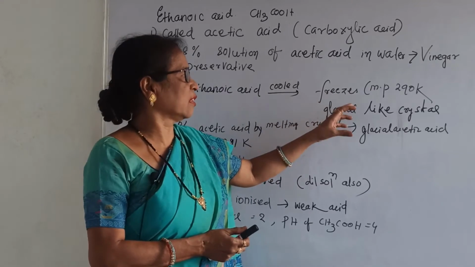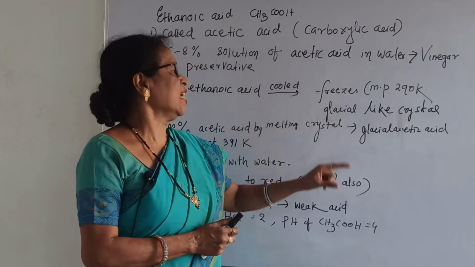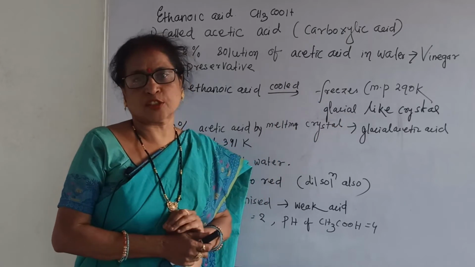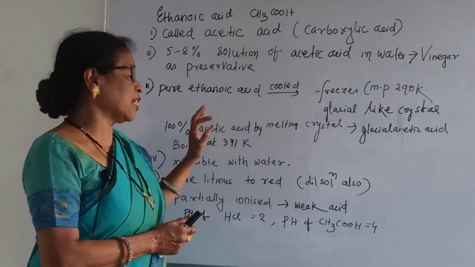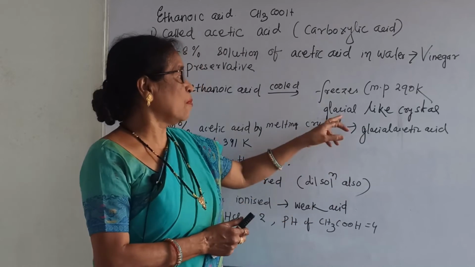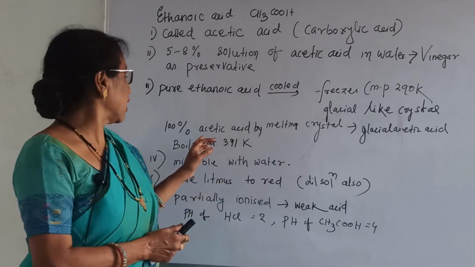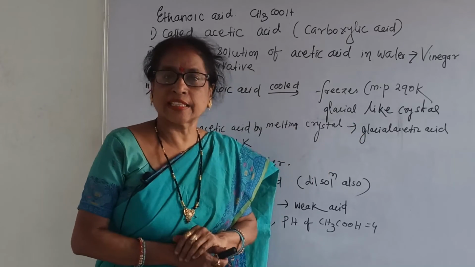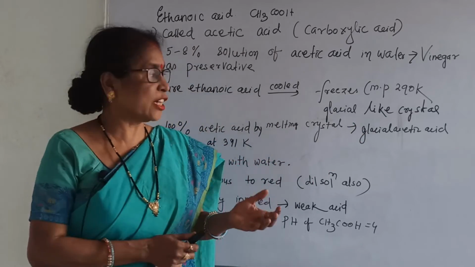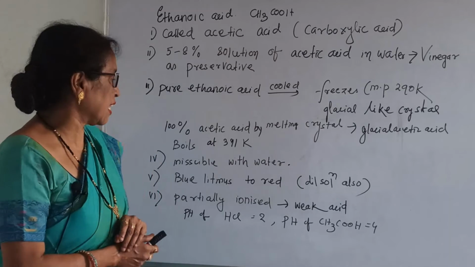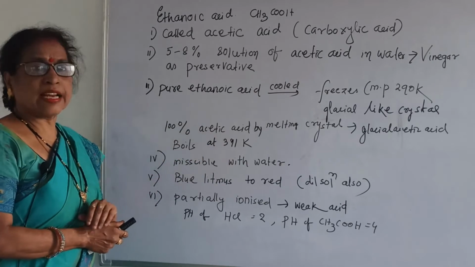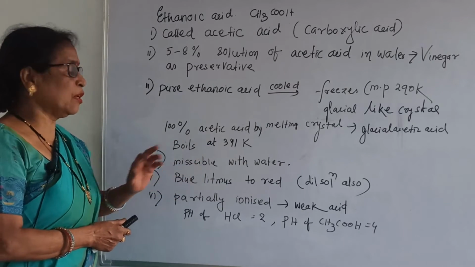Sorry, it is not glacial acetic acid yet, simply a glacial crystal structure. And how can you get 100% acetic acid? When you melt the glacial crystal, you get glacial acetic acid. What you use in the laboratory is glacial acetic acid. It boils at 391 Kelvin and is miscible with water.